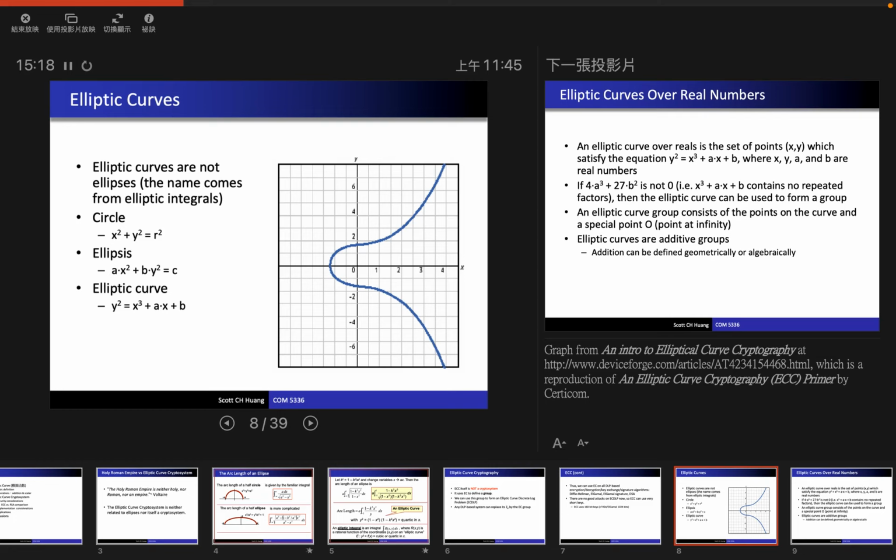is symmetric. So let's say you substitute some x, for example, x is equal to 2. You plug in this number 2, you get some number, and then y squared is equal to this number. So y will be plus minus the square root of 12.